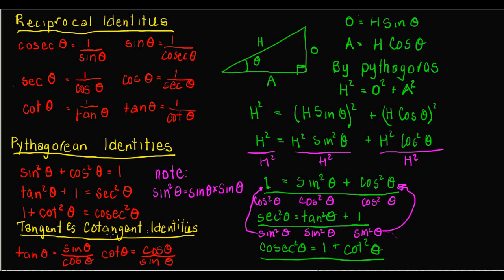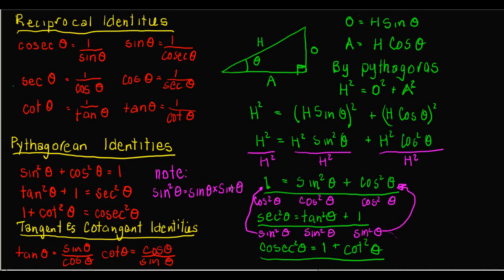And just to finish off the identities and the theory aspect of this, tan theta equals sine theta over cosine theta, cotangent theta equals obviously the reciprocal of that, cos theta over sine theta. Note that sine squared theta means sine theta times sine theta.